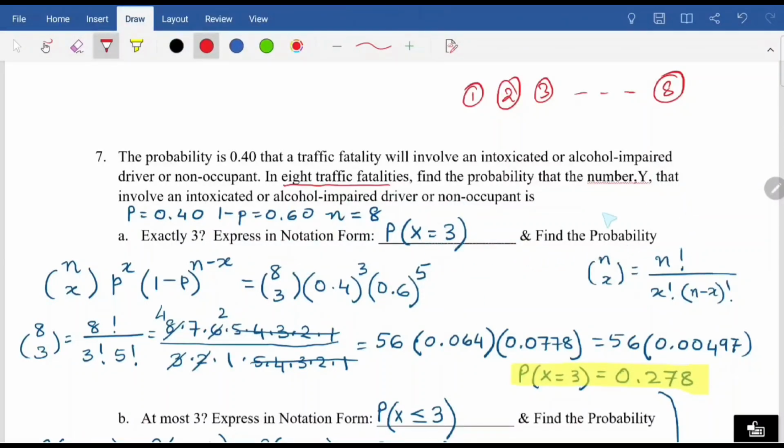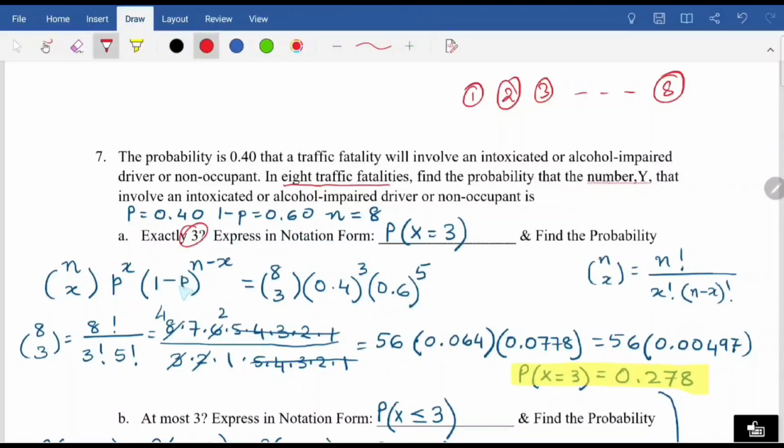Now we go ahead and find the probability. Again, the formula is n combination x, so you just plug in your values. N is 8, so I have 8 here. X is 3. 0.4 represents your P, and X represents 3, this value here.